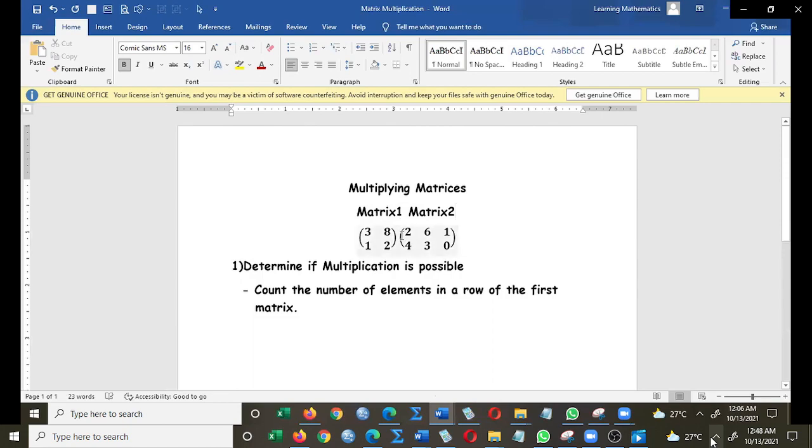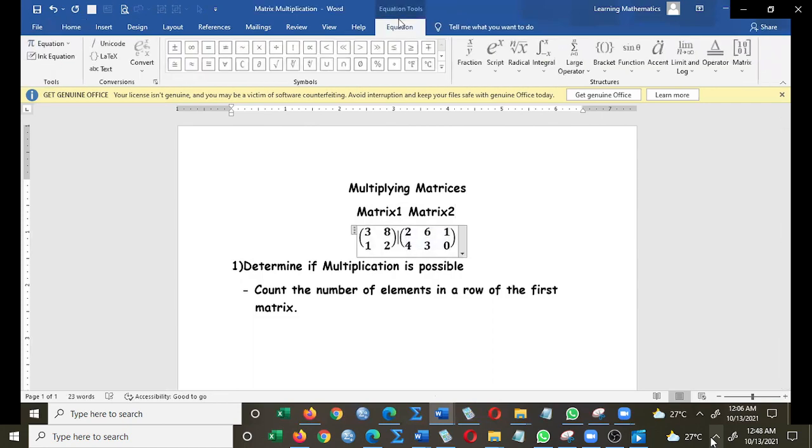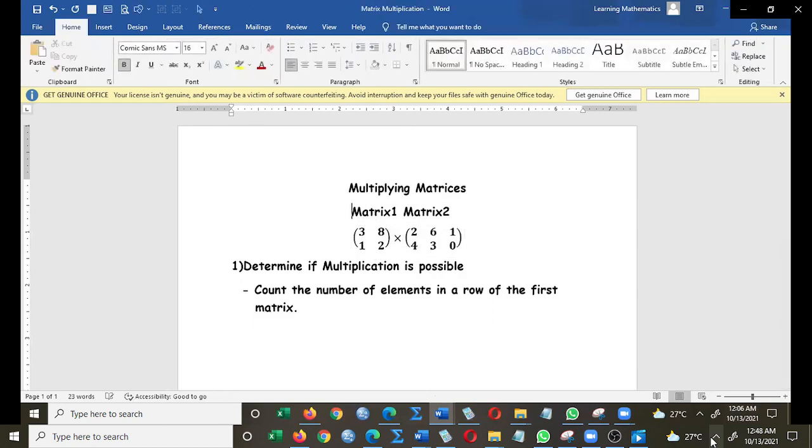So you can put a times there between them. Okay, so you have matrix 1 times matrix 2. So count the number of elements in a row of matrix 1.